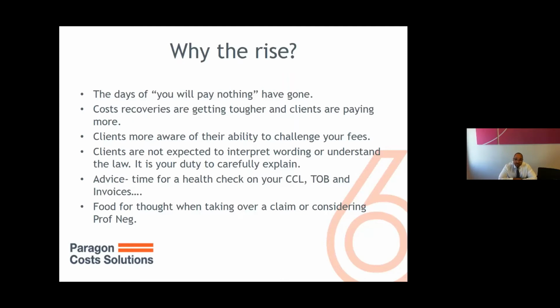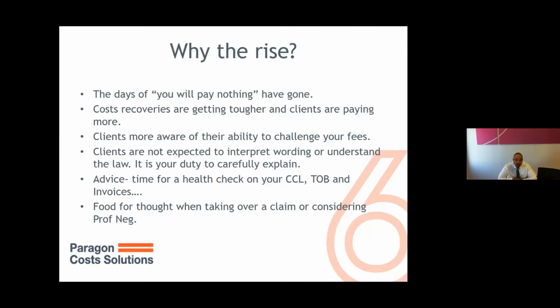So my advice is that it's time for a health check on your client care letters, your terms of business, your CFAs and invoices. Ensure that you are permitted to raise statute invoices if that's what you intend, or ensure that clients are given that extra bit of advice as to unrecovered costs and an illustration of what that looks like in the litigation, to start taking that step towards what informed consent actually looks like.